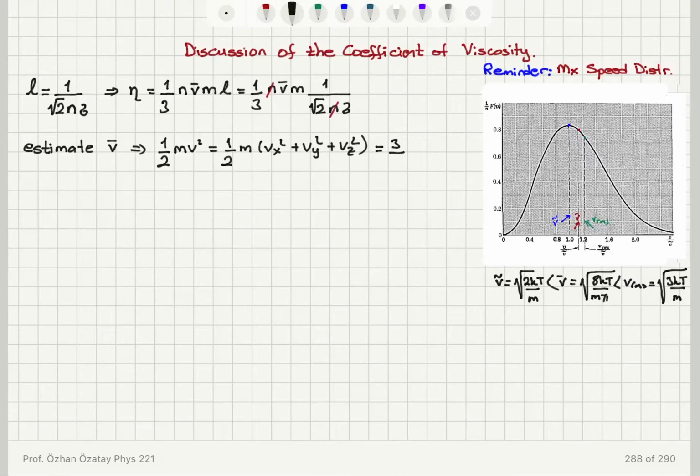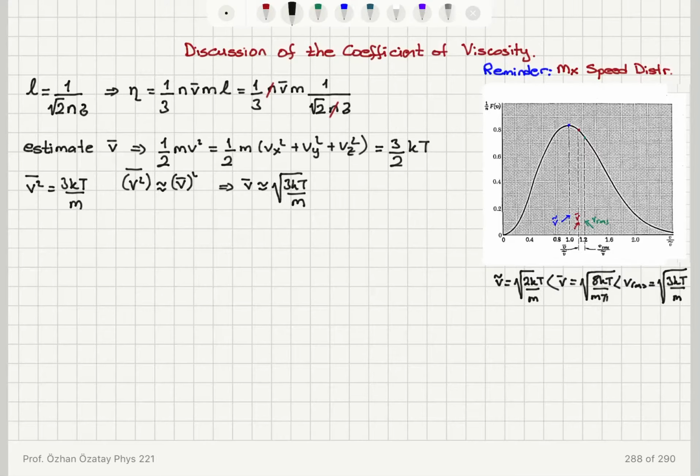So this gives us 3/2 kT, and therefore v square bar is equal to 3kT over m. If we approximate the mean value of the square of the speed by the mean speed squared, this gives for the mean speed square root 3kT over m.